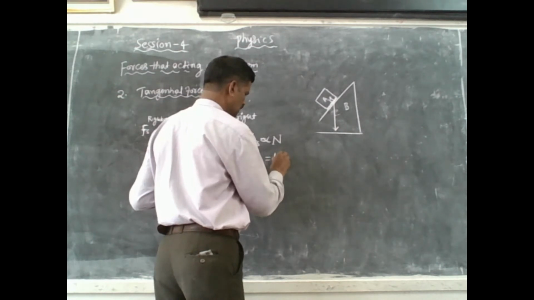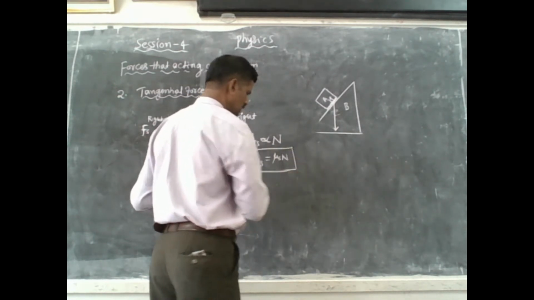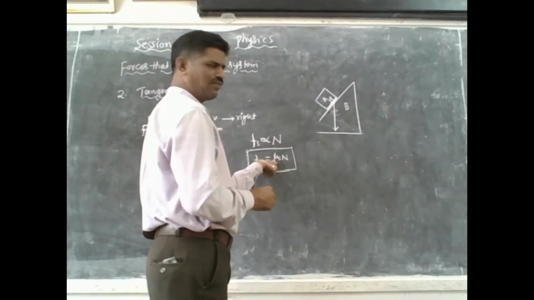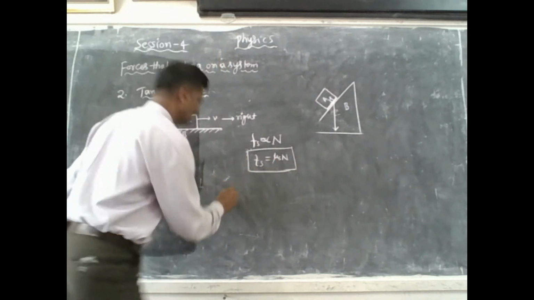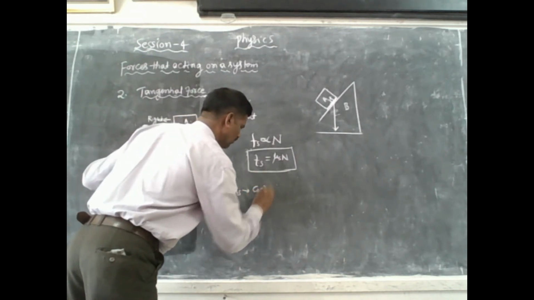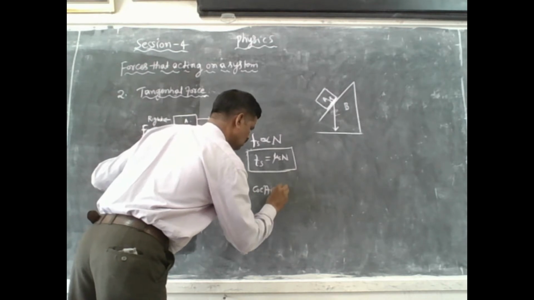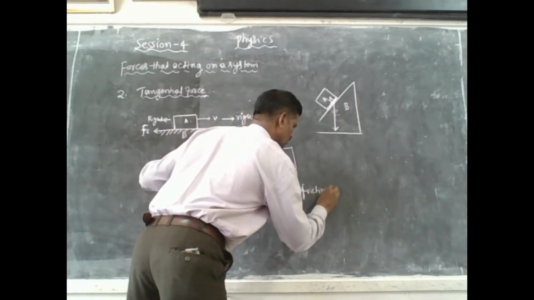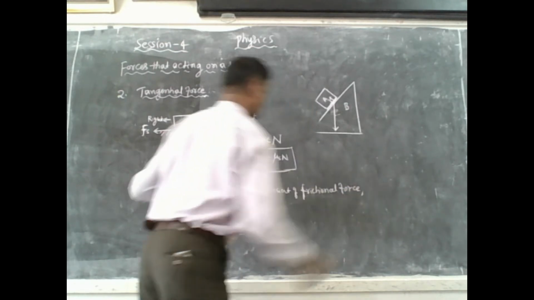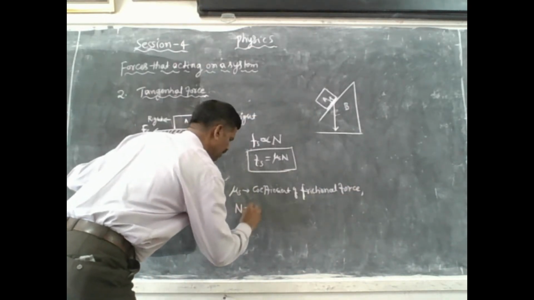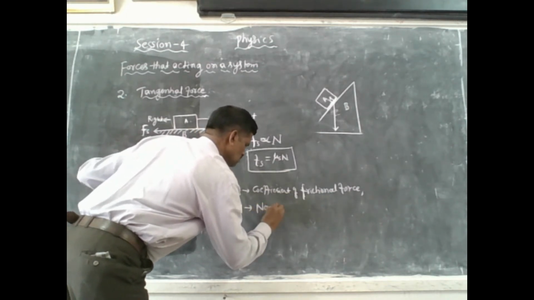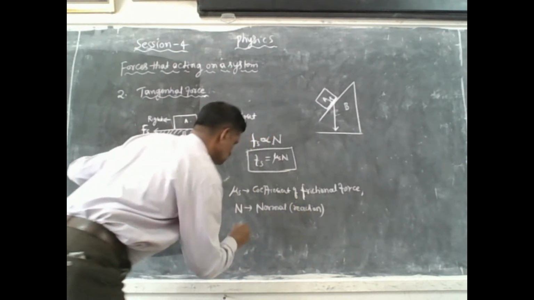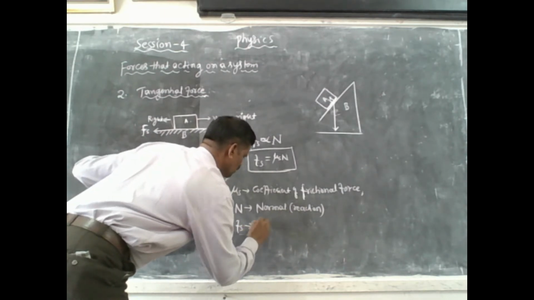Fs equals mu s N, where mu s is the coefficient of frictional force, N is the normal reaction, and F is the tangential force.